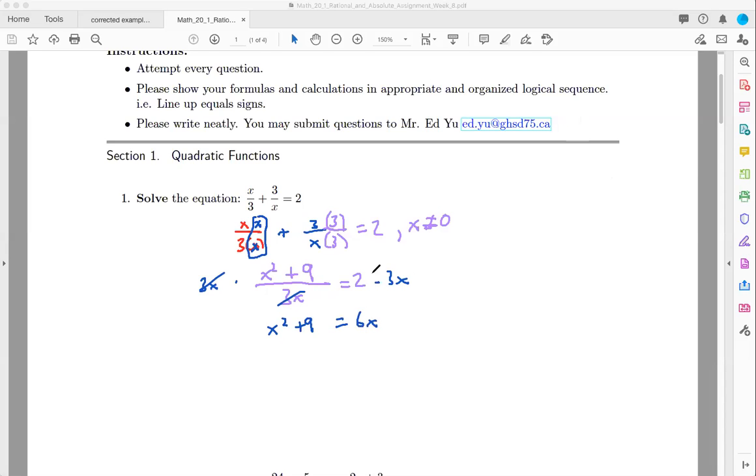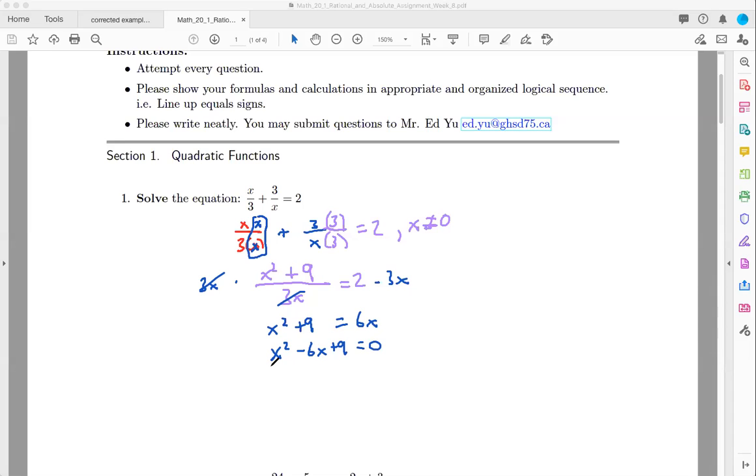Well, this is getting closer to something we can solve. This now looks like the quadratic equations that we are so familiar with. We have x squared minus 6x plus 9 equals 0. One of the strategies is to set this equal to 0 so that we can solve for it. Now we can factor this.